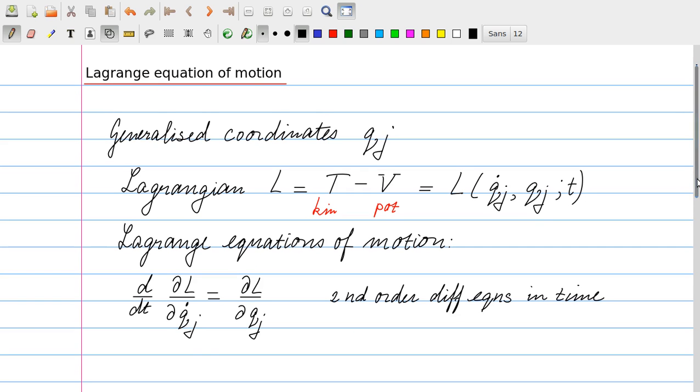And of course that should be the case because Newton's equations are second order in the time, and the Lagrange equations are just a reformulation of Newton's equations.